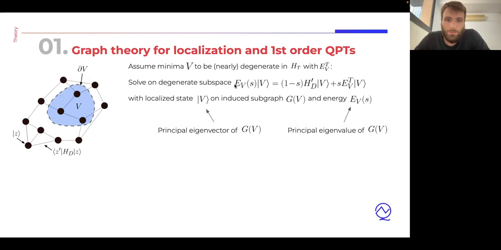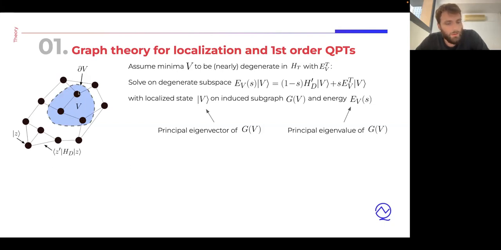And now we have to solve this eigenvalue problem on this degenerate subspace, which means we're looking for some eigenvector that we call ket V, and this will correspond to the principal eigenvector of the induced subgraph G_V, the subgraph that's induced by the set V. It is basically these three nodes here in blue in this cartoon, combined with all the edges that are connecting the nodes within the blue.